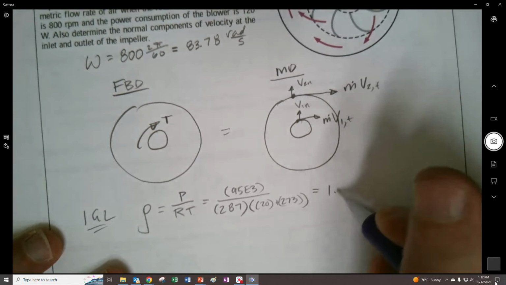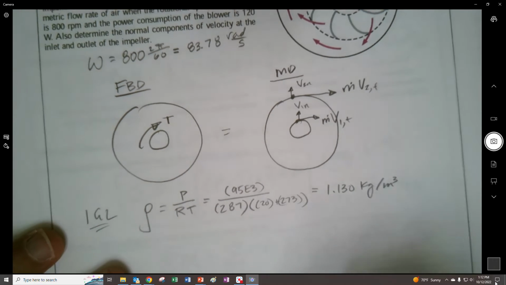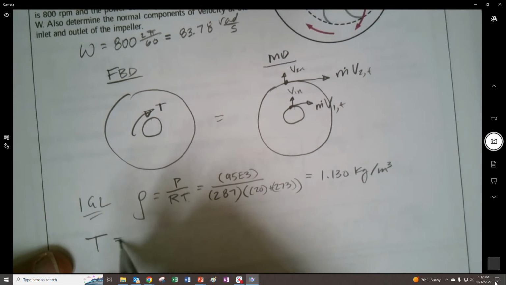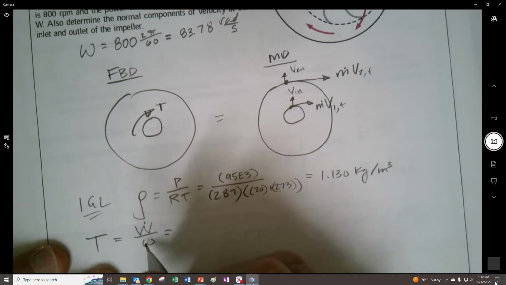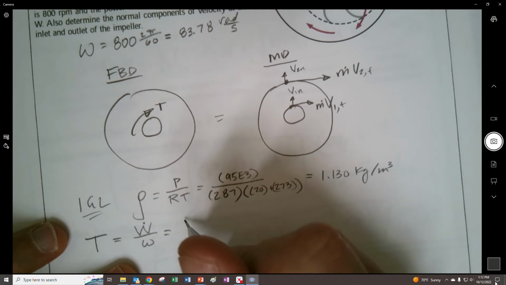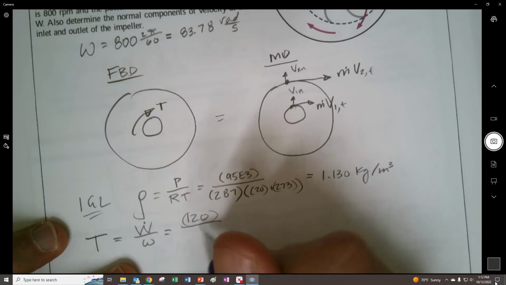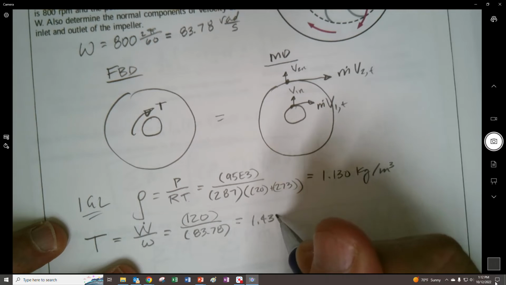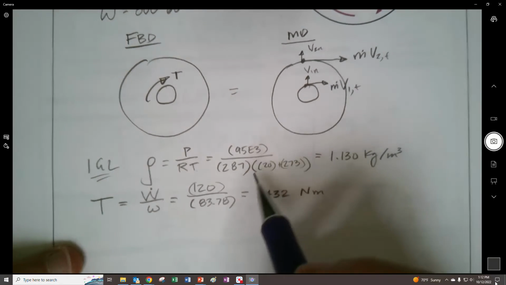So we get 1.130 kilograms per cubic meter. That's helpful. We can also find the applied torque by taking the power and dividing by the angular velocity. So we have 120 watts, or a Newton meter per second, divided by 83.78. What we're left with is 1.432 Newton meters, and that's being applied to the impeller.